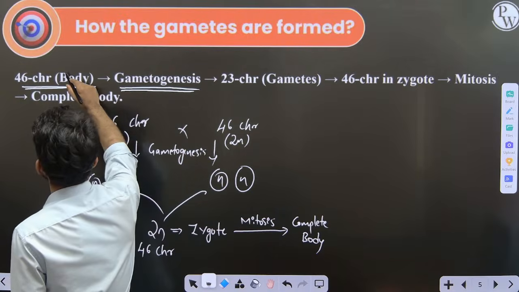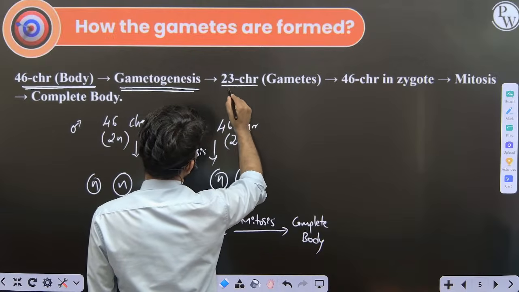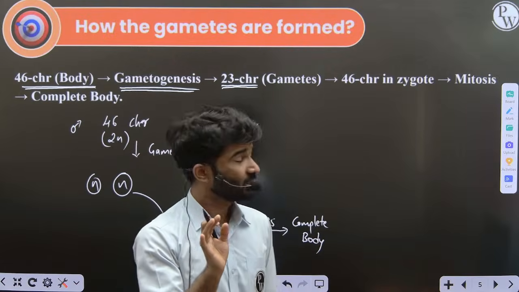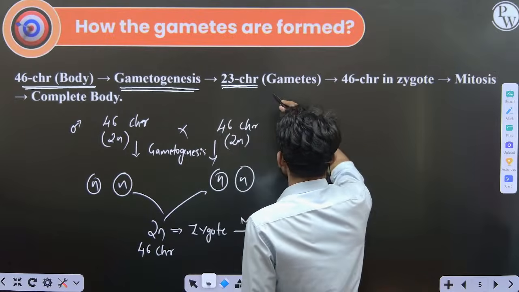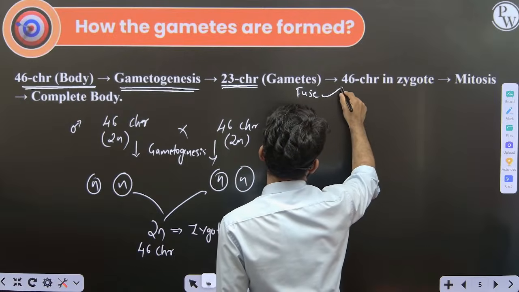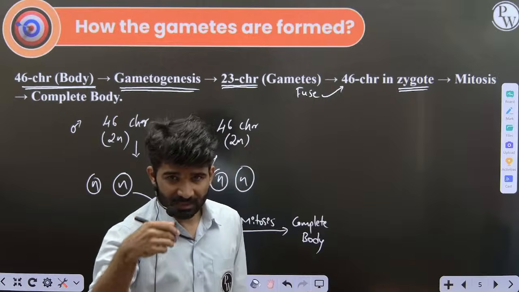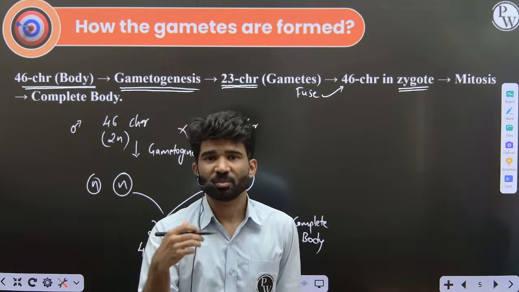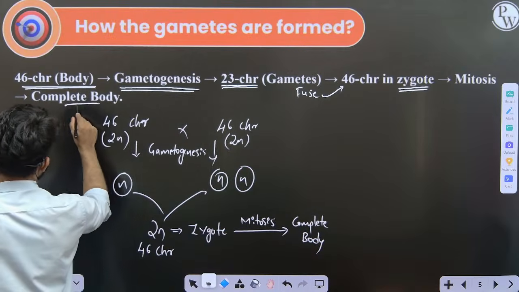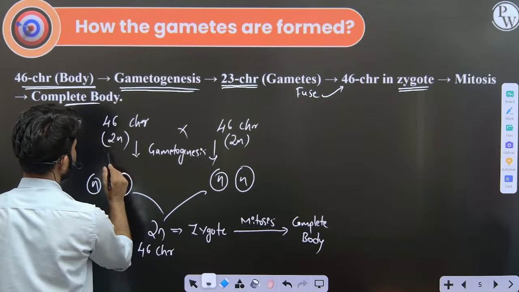So in the human cell there are 46 chromosomes. The gametogenesis... then 23 chromosomes will gather, then it becomes a zygote, and the zygote undergoes a process where the number of cells are multiplied and forms the body, starting from the first cell.